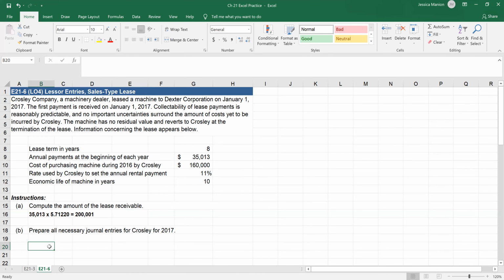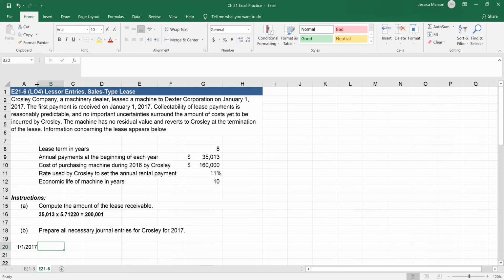So on January 1, 2017, because we're the lessor, we're going to debit lease receivable 200,001.